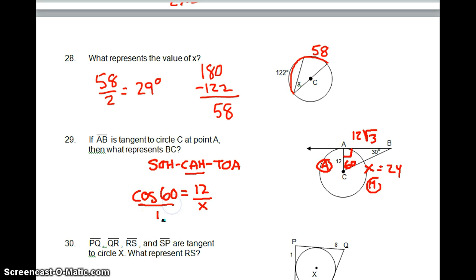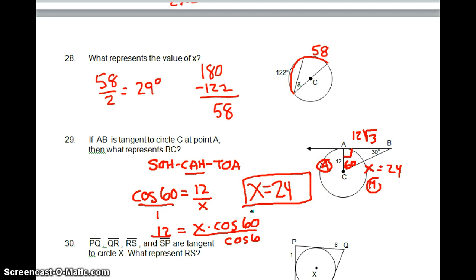And if we cross multiply, that gives us 12 equals x times cosine of 60. If we divide both sides by cosine of 60, that will give us x. So let's just type in our calculator: 12 divided by cosine of 60 equals 24. And it's the same answer, so it checks out either way you do it. Using SOHCAHTOA or special right triangles, x equals 24.